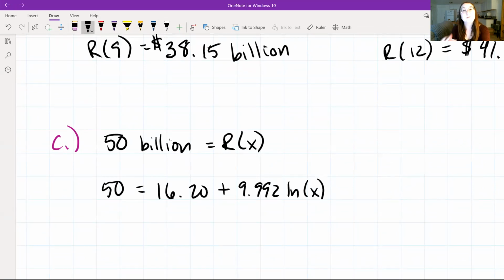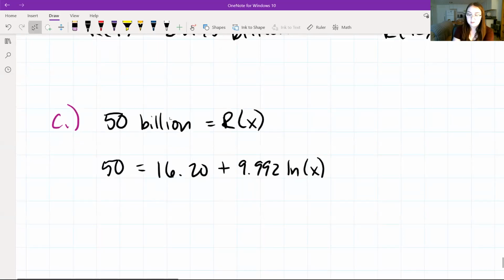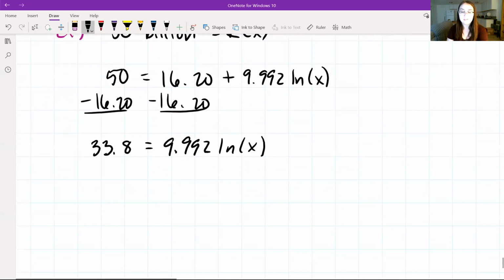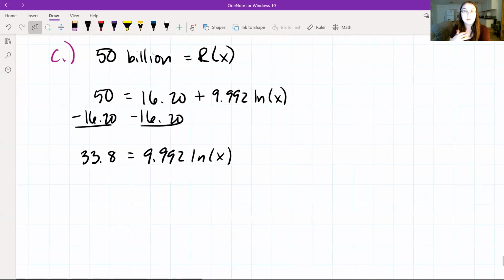First things first, we just want to simplify down to X. So let's subtract 16.20. This gives us 33.8 is equal to 9.992 times the natural log of X. Now we just want to divide by 9.992 in order to get rid of it.